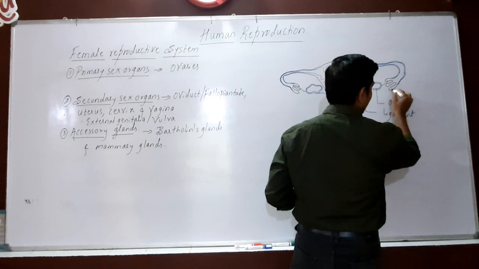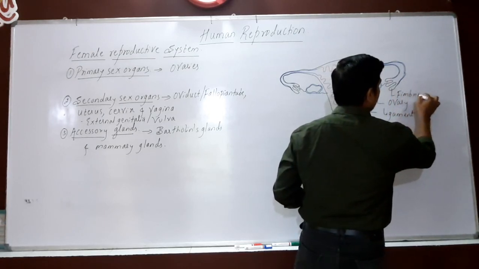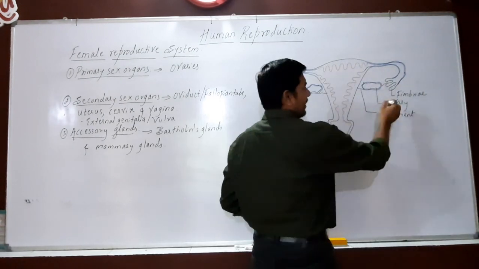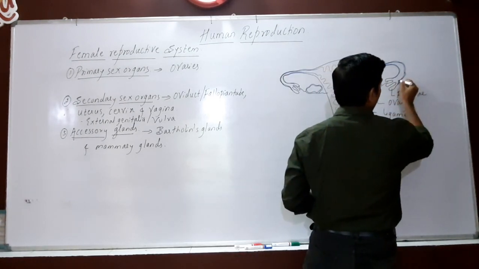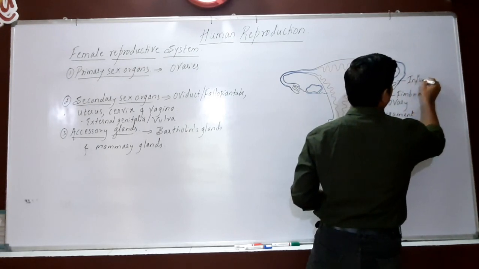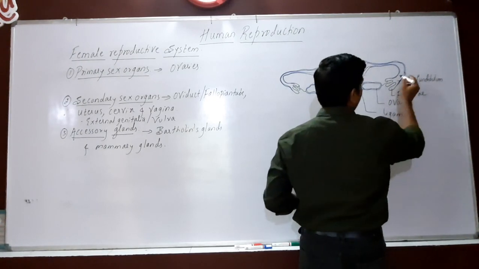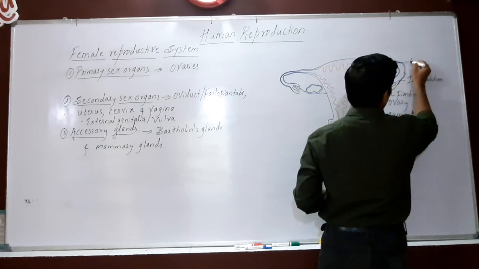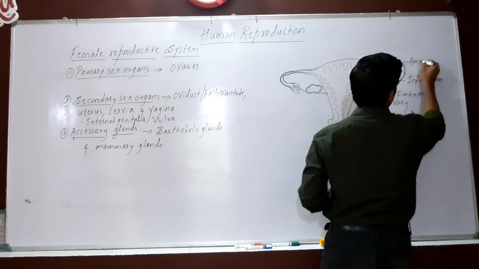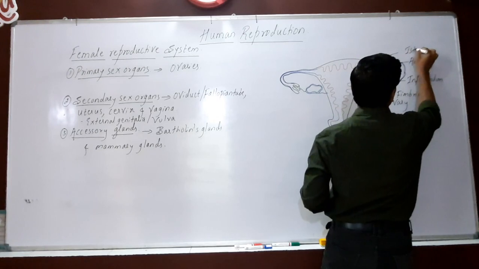Then these are called fimbriae, and this is the first part of the fallopian tube. This part is called the infundibulum. The second part is called the ampulla, and this third part is called the isthmus.